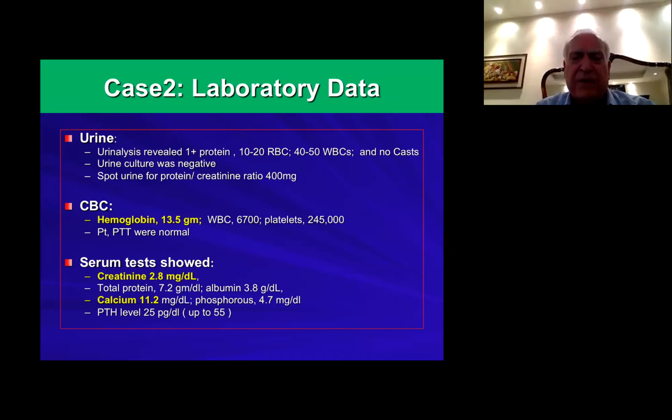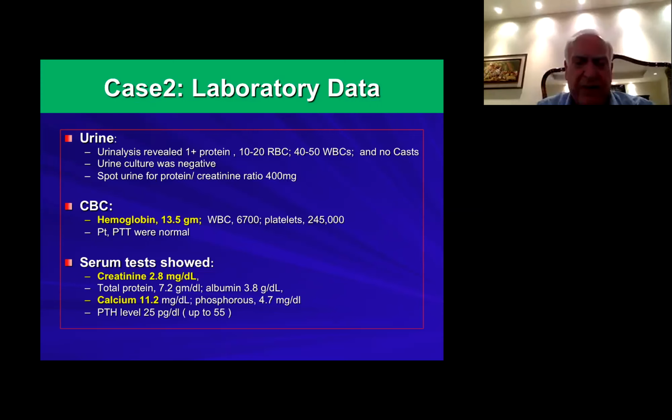Urine analysis: 1+ protein, hematuria, white cells, 50 RBCs, no casts, urine culture negative, spot urine protein creatinine almost 400 milligrams. So there is very little hematuria, but some element of proteinuria. Normal hemoglobin, he's a smoker, serum creatinine 2.8 milligram, total protein 7.2, albumin 3.8, calcium 12 milligram per deciliter, and parathyroid hormone 25.